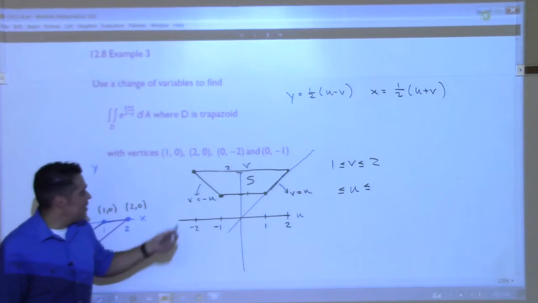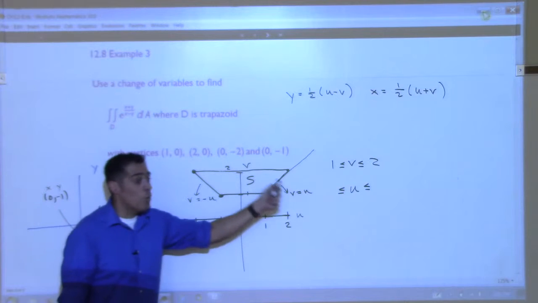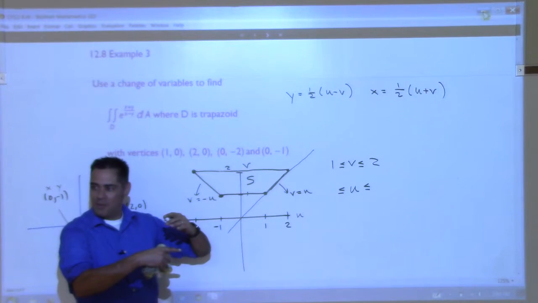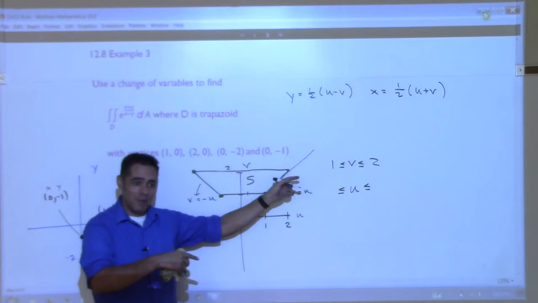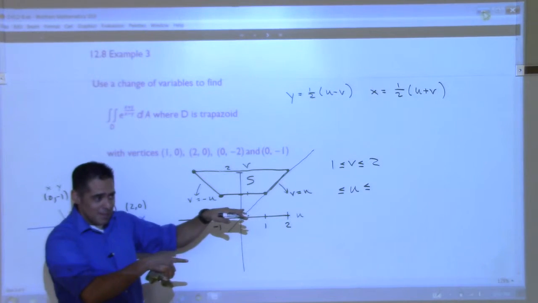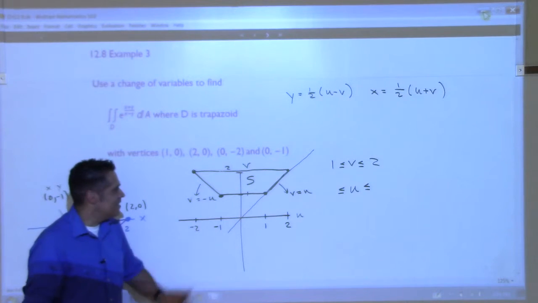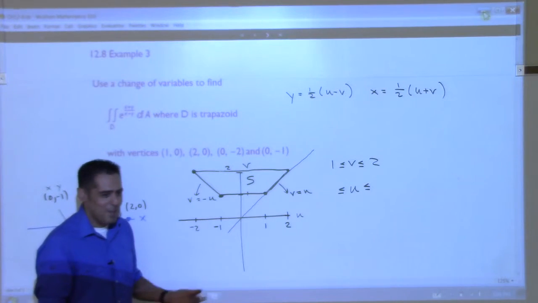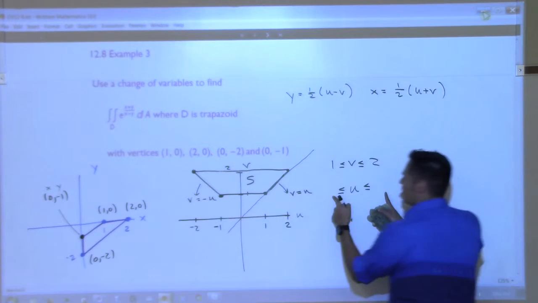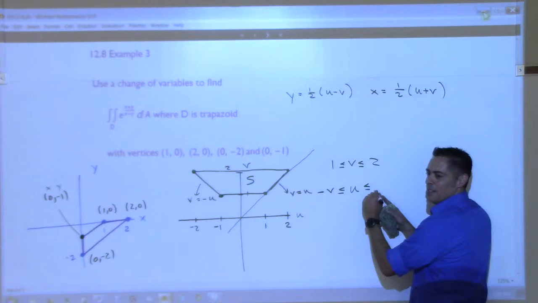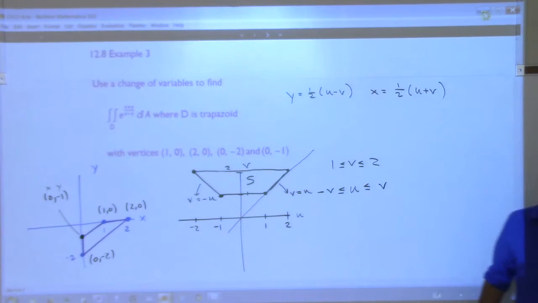But now we need to solve each of these equations for what? U. For u. Just like if it were in terms of y equals x, we would solve it for x if it's type 2. Here, same thing. I know, look, I'm the messenger, okay? So what are our restrictions on u? U is between negative v and v, okay.